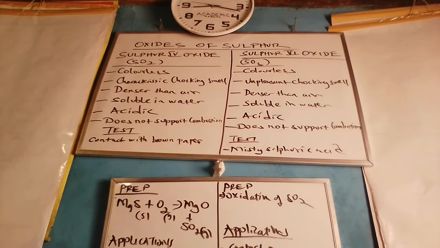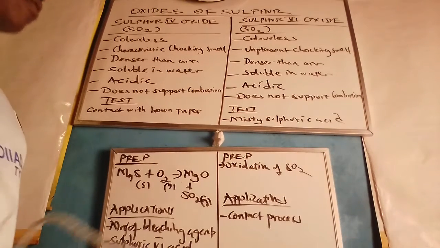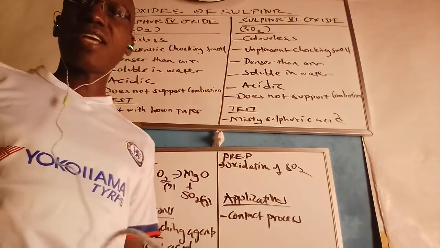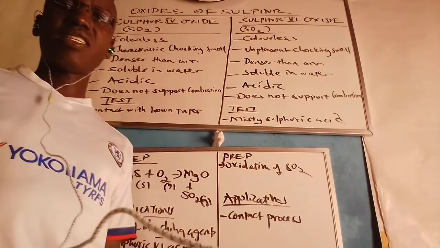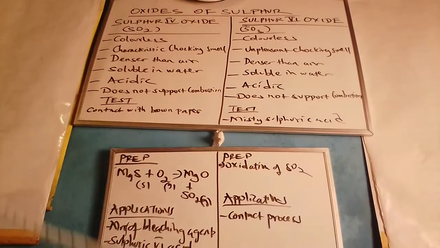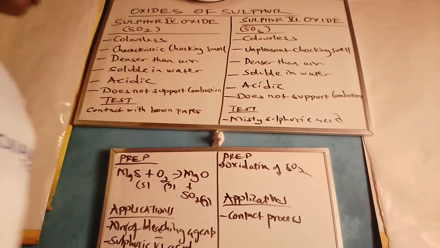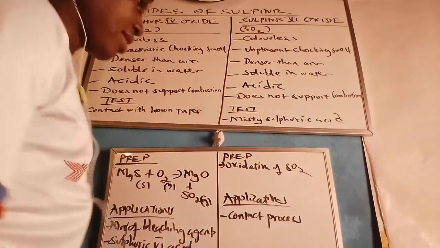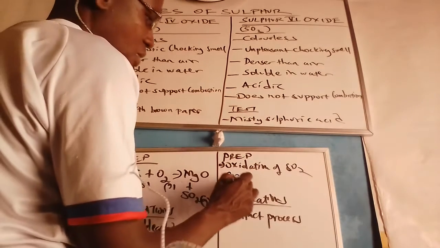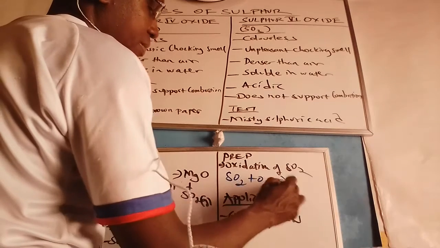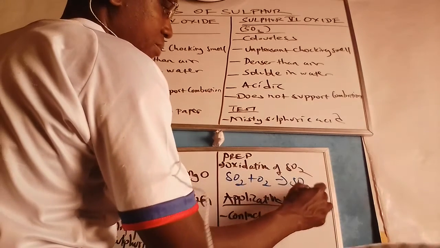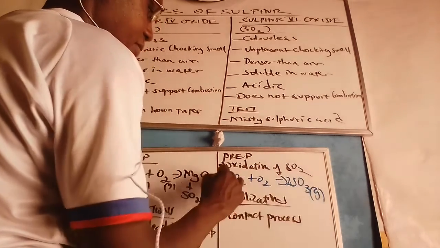To test it, we conduct a direct synthesis in water, where it forms misty sulfuric acid, or sulfuric acid in gaseous state. Now, to prepare this gas, we simply use sulfur dioxide and oxidize it in excess supply of oxygen or air, and readily it forms the required gas, sulfur trioxide.